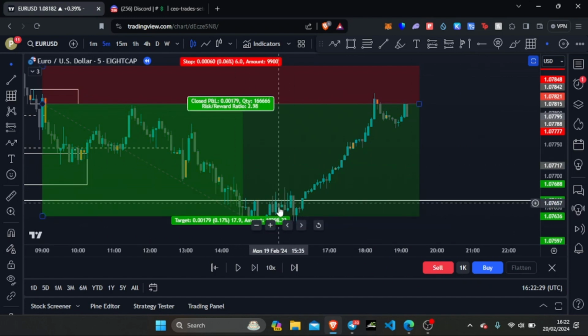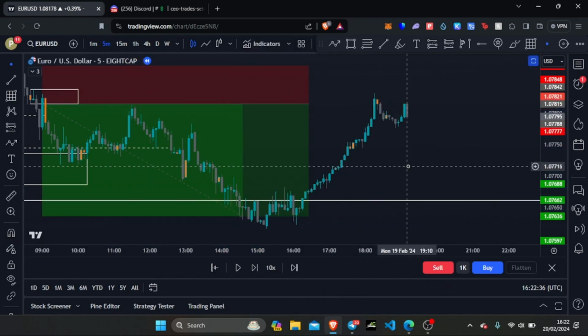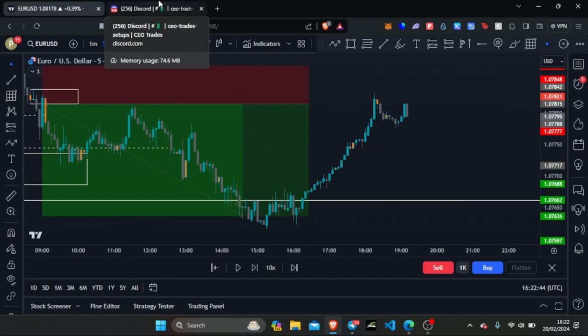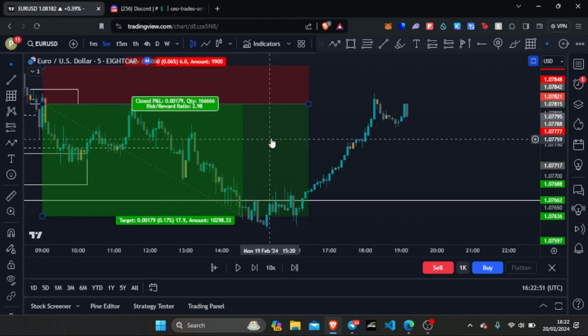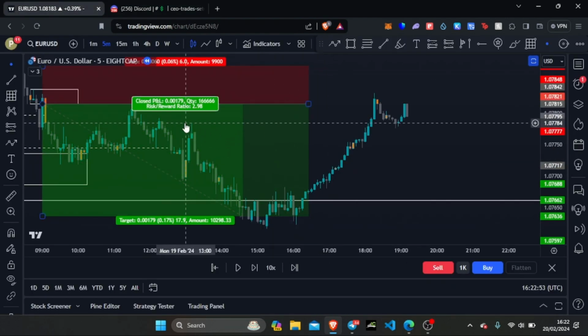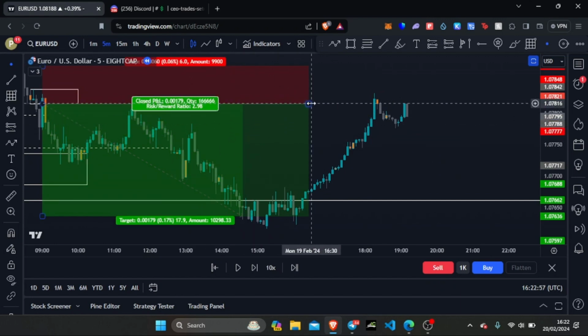As we can see right here, we get this 5-minute market structure shift. So therefore I took some partials, I went break even, and I was able to bank a solid 2%, which is what I said right here. I went break even around here because I was trailing this high, and then from there I was taking out a break even for about $85.